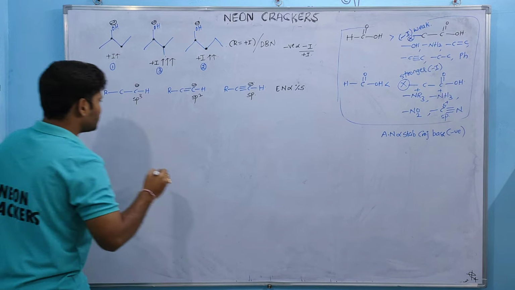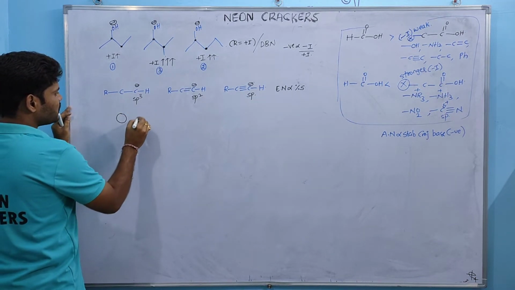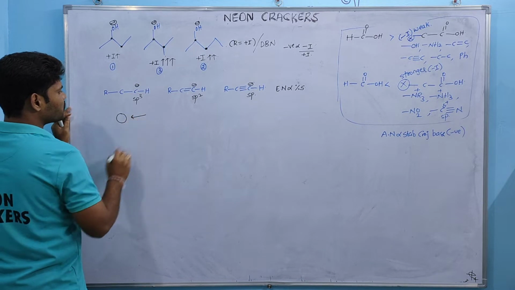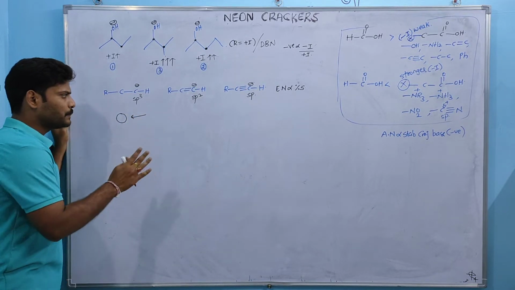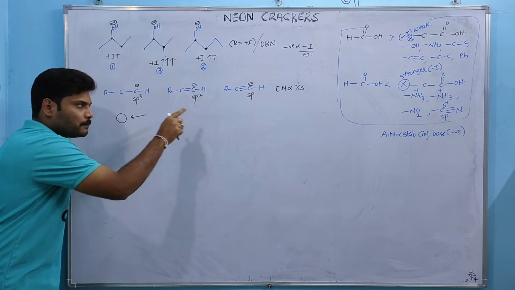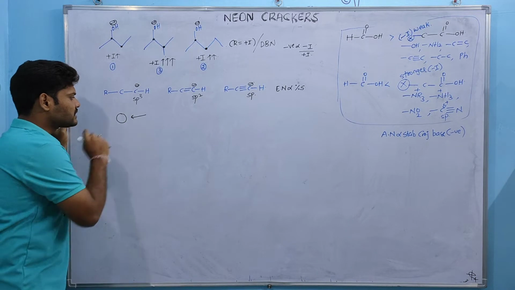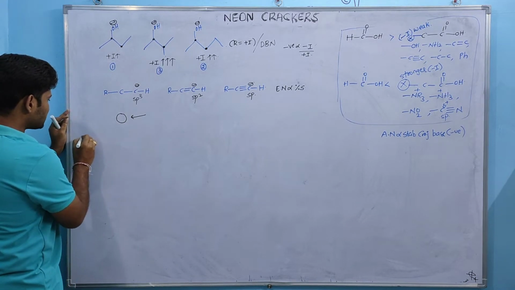For example, the s orbital is strongly penetrated towards the nucleus. We know the penetrating capacity among all the orbitals is s greater than p greater than d greater than f.